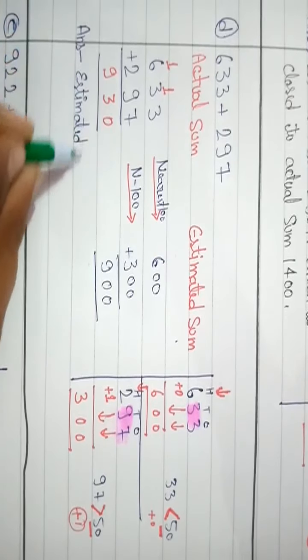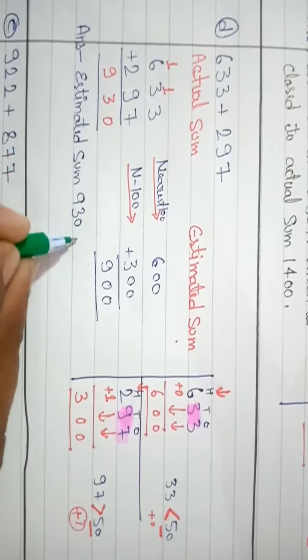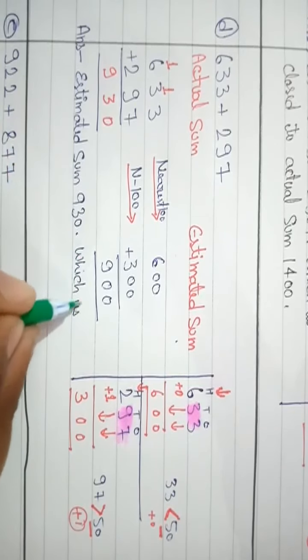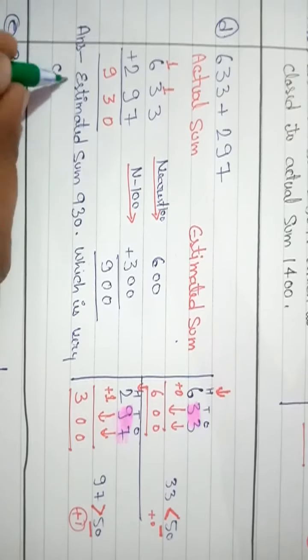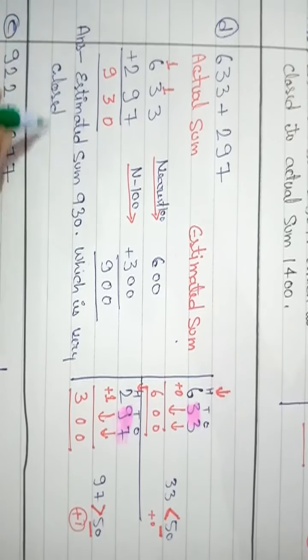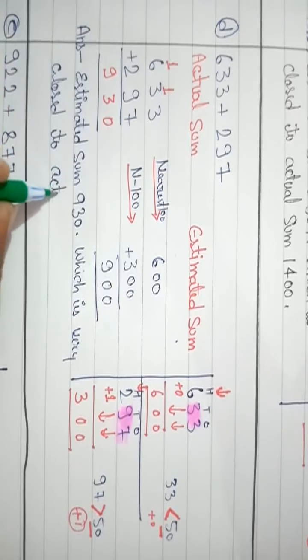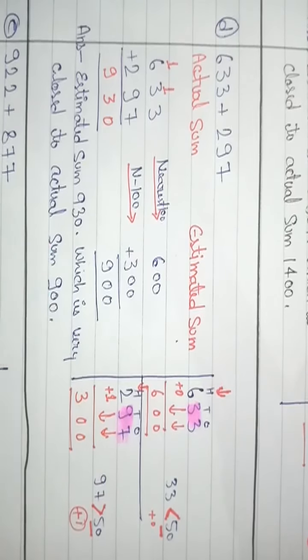Estimated sum 930, which is very close to the actual sum 900.